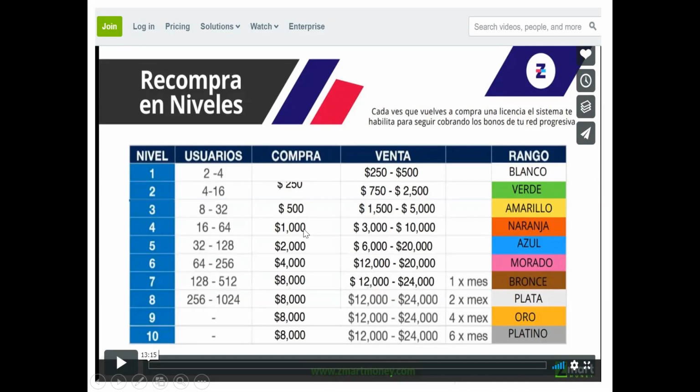Again, that's the $1,000 payment. So you would earn half of that, which is $500. And then when you move to blue, it's a $2,000 payment, which means you're going to earn 50% of that, which again is $1,000. Of course, when they move to the next level, which is 4,000, you're earning half of that commission. And as they move to bronze, plata, oro, and platina, which is the highest level, of course, you'll earn half of these payments, which in this case is 4,000, 4,000, etc.